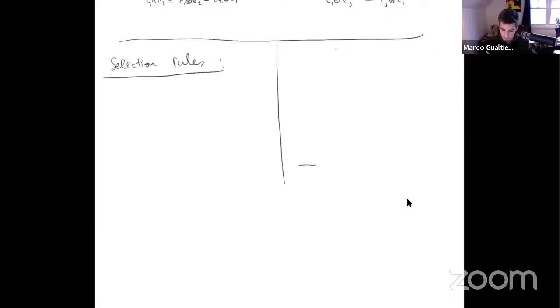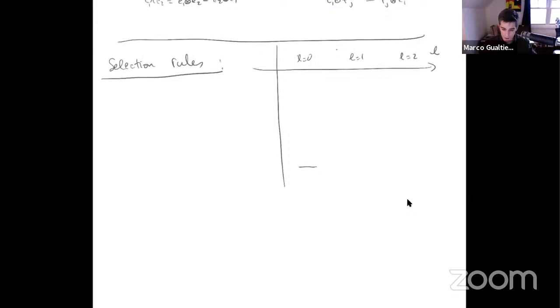So for the angular momentum, there was L equals 0, L equals 1, L equals 2. And for each one of the values of L, we had multiple copies of that representation of SU2, sorry, SO3. This is the dimension 1 representation, the dimension 3 representation, the dimension 5, or in other words, S, P, D, and so on.